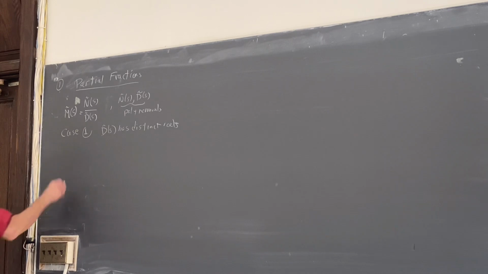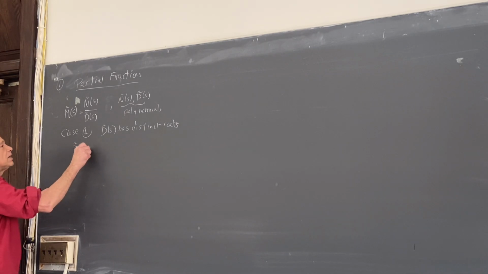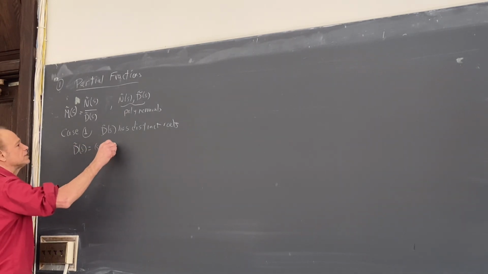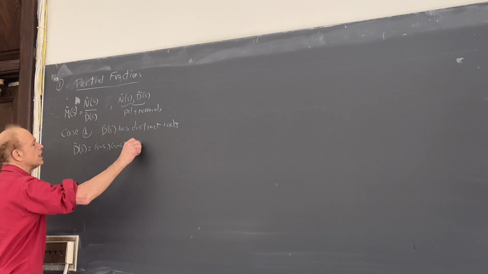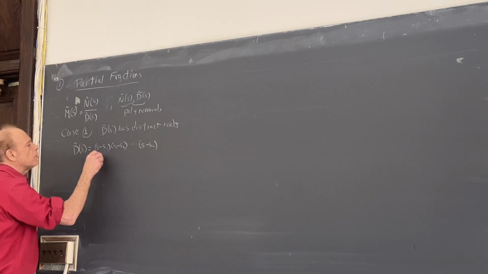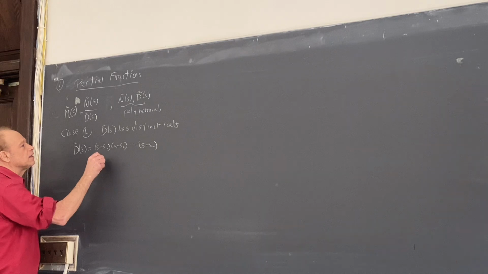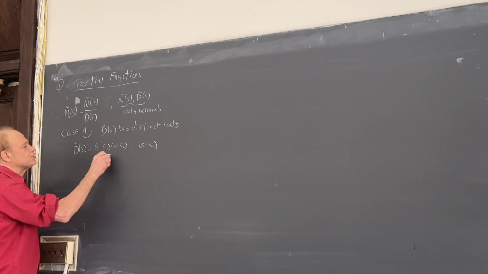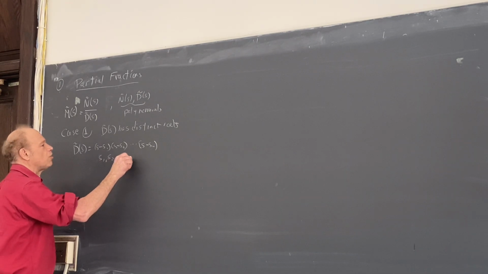In other words, I can write d tilde of s as s minus s1, s minus s2, dot dot dot, s minus sn, where s1, s2, dot dot dot, sn are all different.